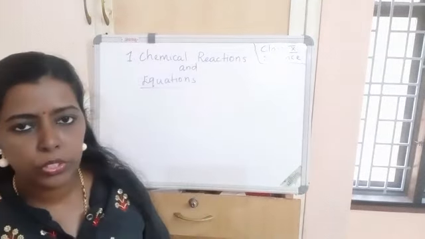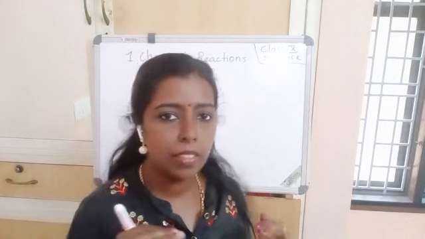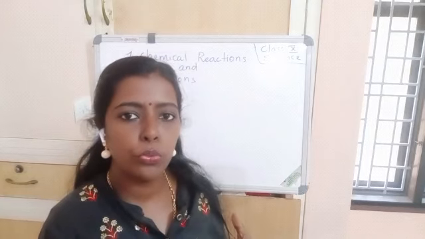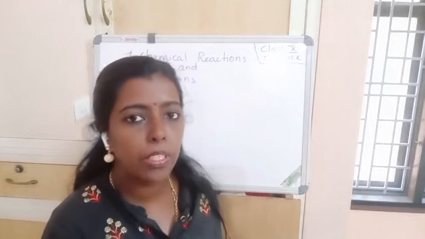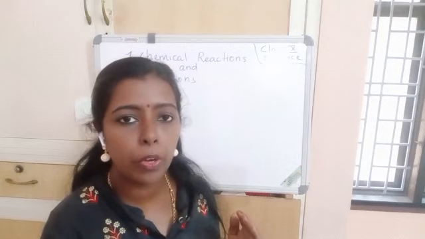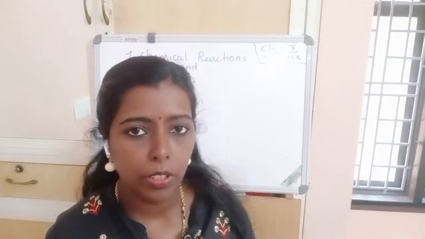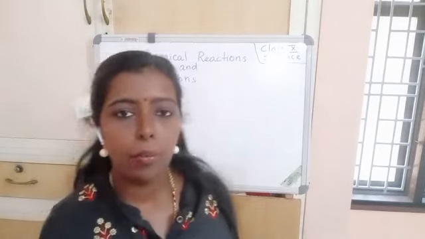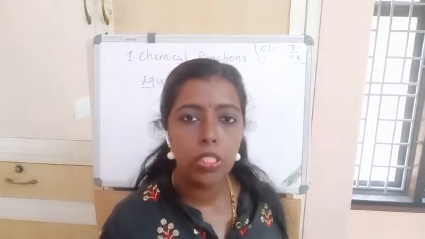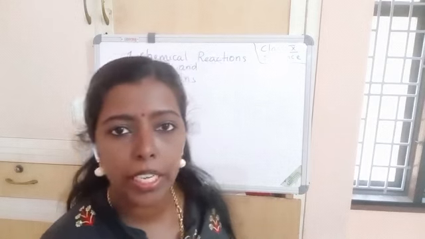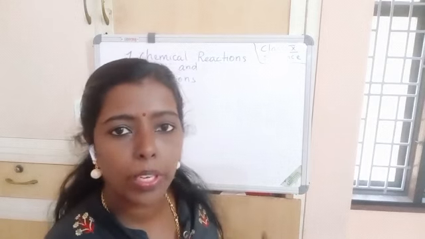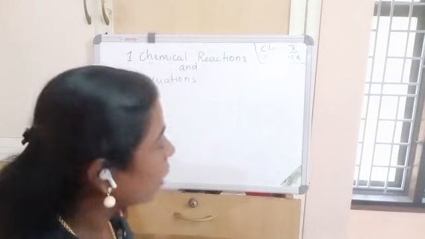In some reaction cases, reactants react together to form products, and while forming the products, one of the products, a gas, is evolved. Say one example: zinc granules react with hydrochloric acid to form zinc chloride, and hydrogen gas is evolved.